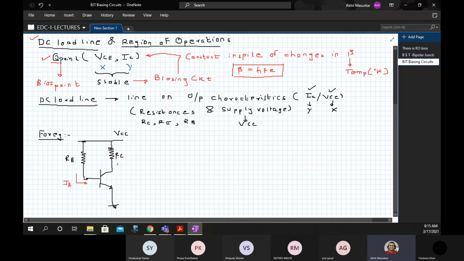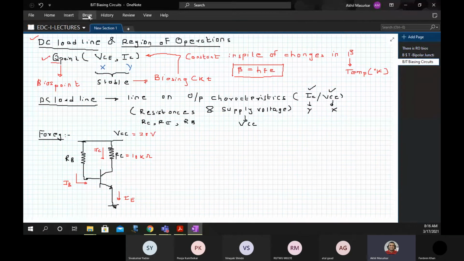What flows through the collector terminal is IC, and here we are going to have IE. Let us say RC is 10 kilo ohms for now and VCC is 20 volts.